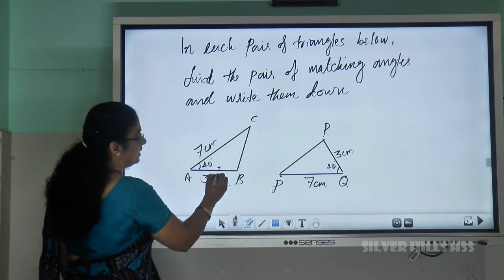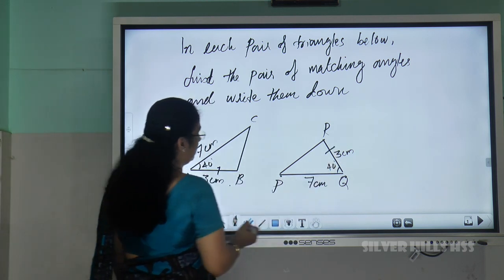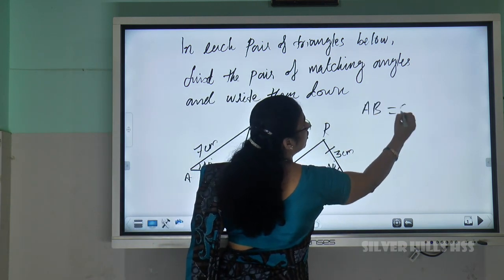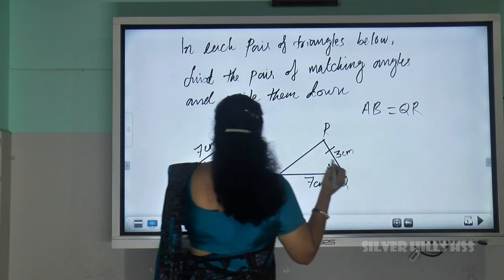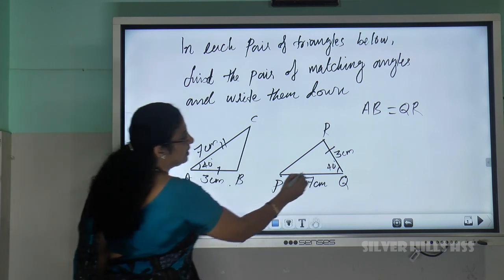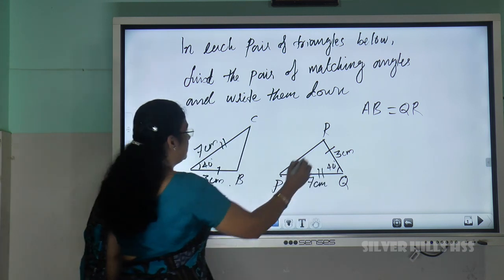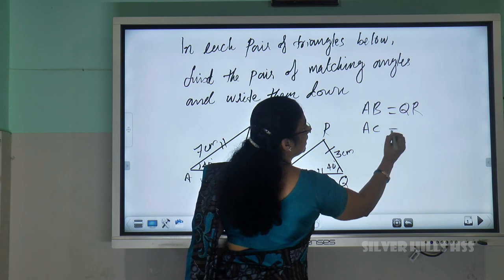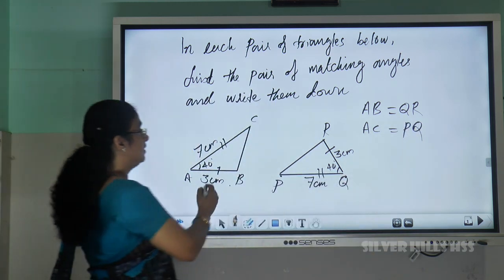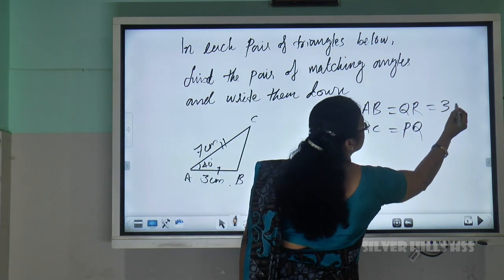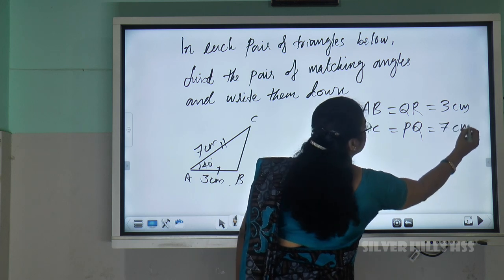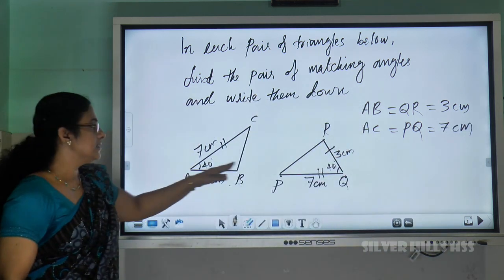Equal sides 3 centimeter, 3 centimeter, that is AB equal to QR. And the second side AC equal to PQ. The first side is 3 centimeter and the second side is 7 centimeter. Then the included angle is 40 degree.